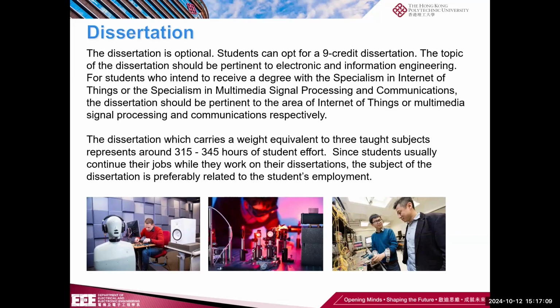If you select this one, how to select it? Very simple. After you join us, we will give you the topics from the supervisors. Then you can approach your supervisor to discuss your research topic, and work with your supervisor to finish this dissertation. The dissertation usually requires a minimum of 2 semesters to finish.